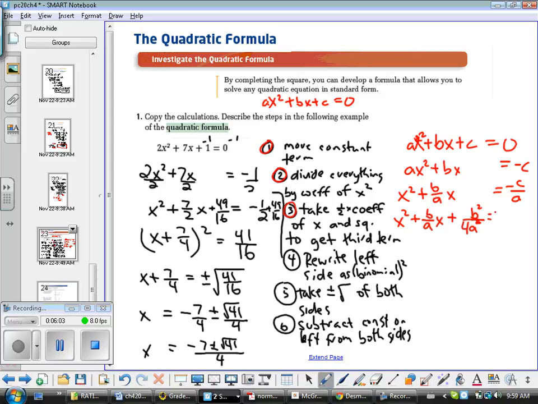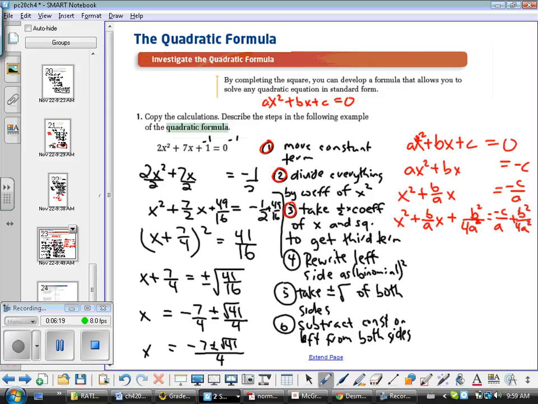Then I'm going to have to add the same thing over here: negative c over a plus b squared over 4a squared. That was step 3.